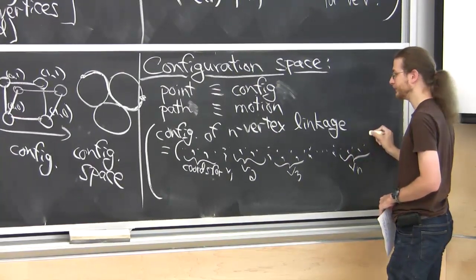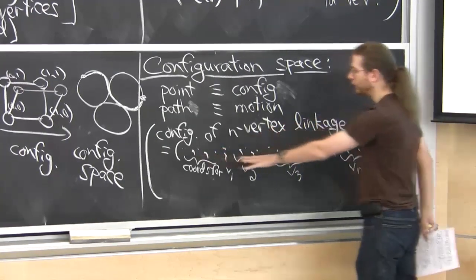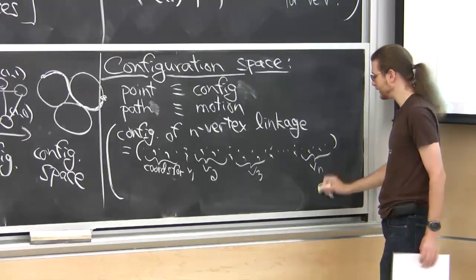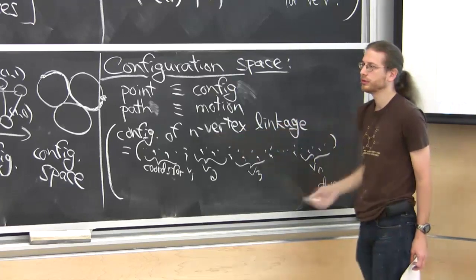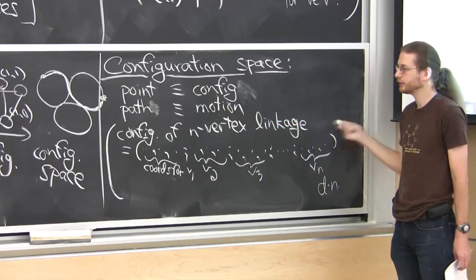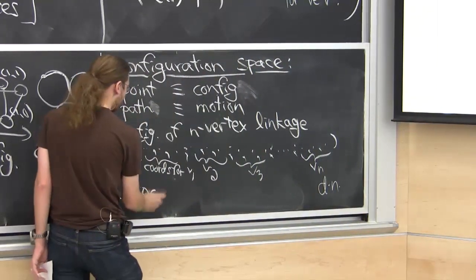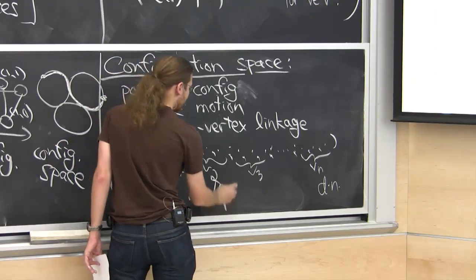Why is this useful? Because you can think of a configuration as specifying all these coordinates. How many coordinates in total? It's d times n numbers. You can think of a configuration as just d times n numbers. So you can think of a configuration as a point in d times n dimensional space.